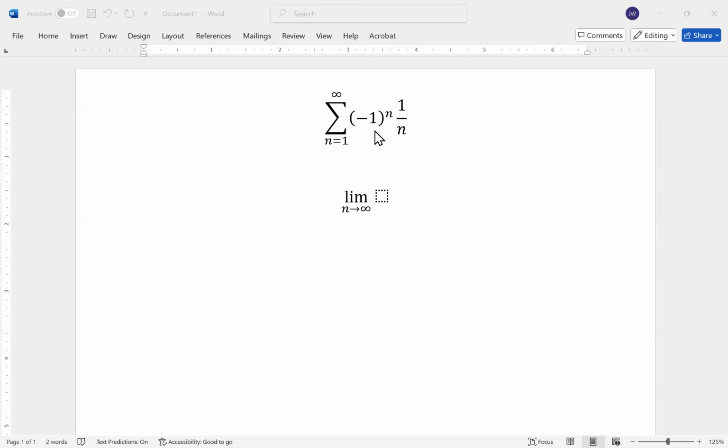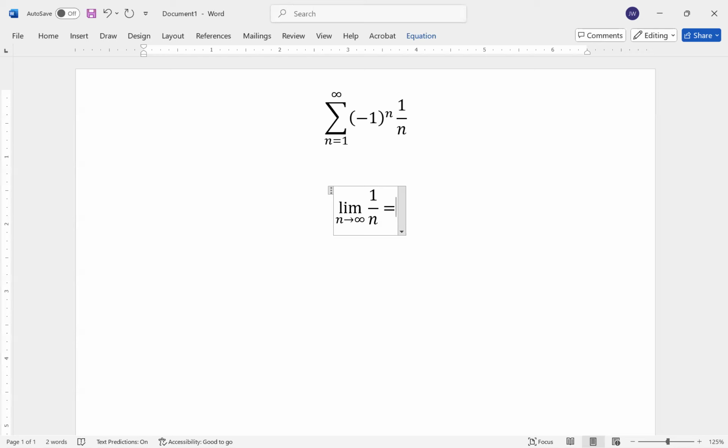So we have an alternating series. The alternating series test says that if this positive component decreases, which it does as n goes higher and higher, and has limit equal to 0, then this series converges.